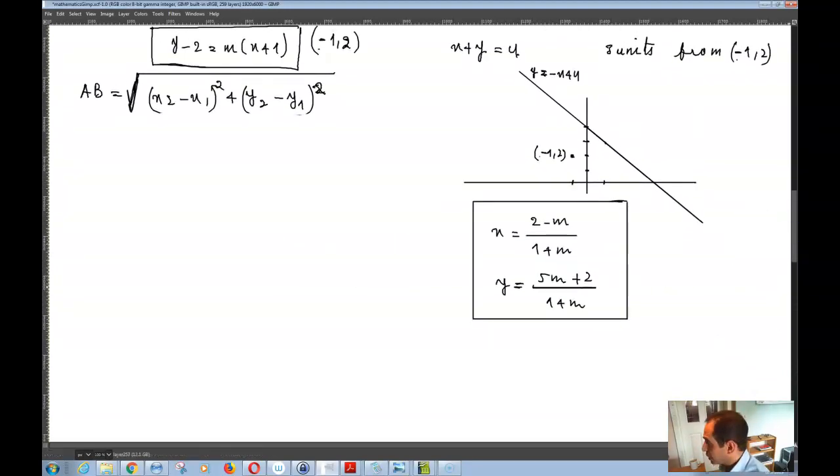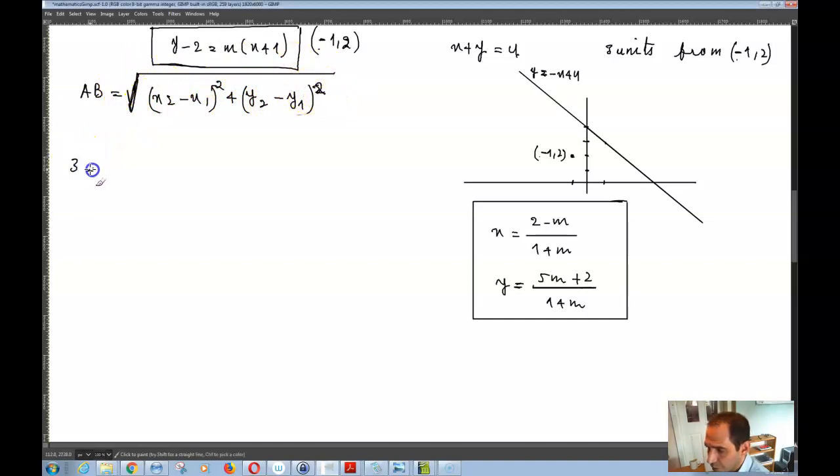So again, what you have over here is x2 minus x1 whole square plus y2 minus y1 whole square, the square root of that, and that is equal to 3.